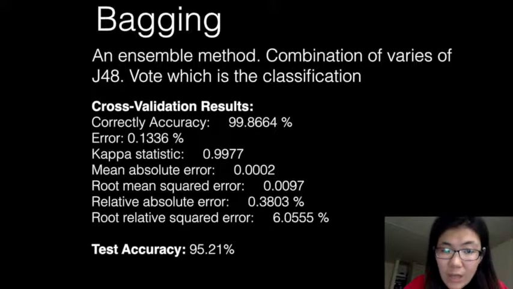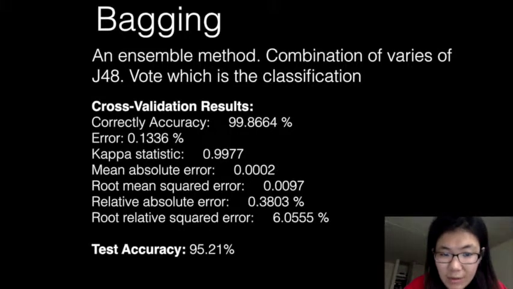The accuracy in four-fold cross-validation is around 99.86%, and the kappa statistic is 0.9977.